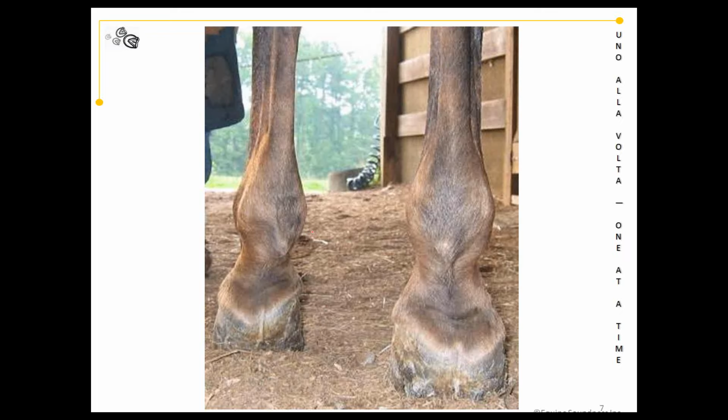This one doesn't quite fit into the classification of contraction, and then again it does, and that becomes clearer when we talk about it in a specialized lecture. It's sheared heels. That means that one side of the hoof in the heel area is higher than the other side, and therefore has unphysiological lever forces on the hoof.